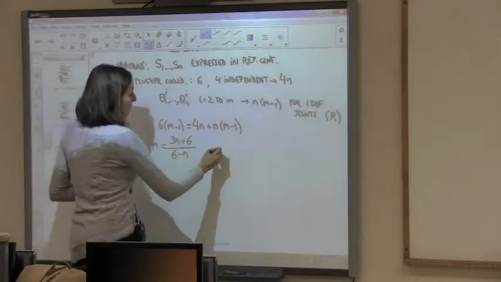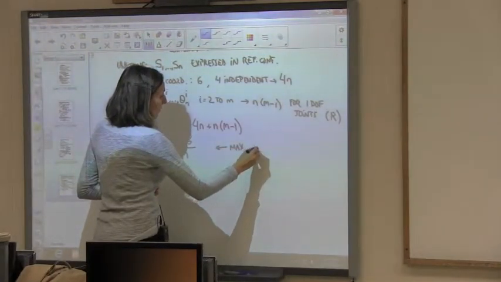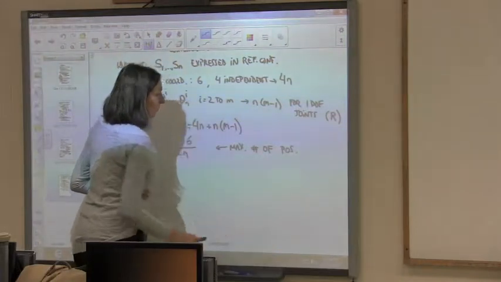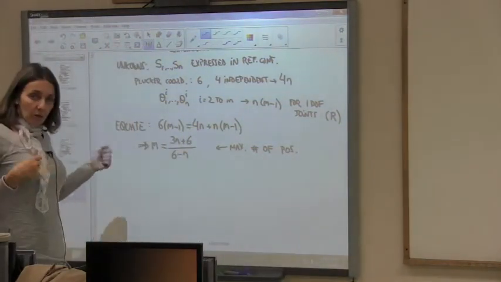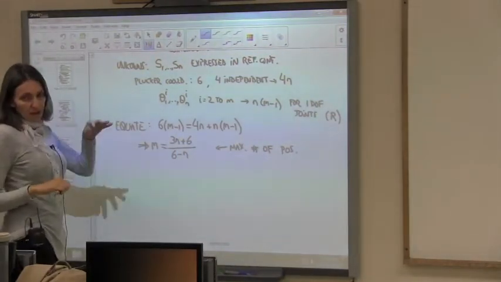This is the maximum number of positions we can define for a serial robot with revolute joints. There are other particular cases later, but this is the basic.